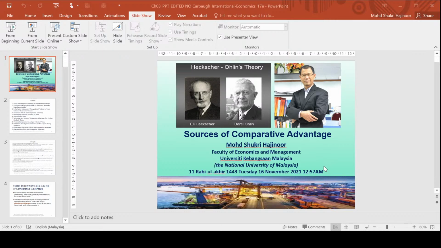Now the trade triangle for China. China produces 13 textile but consumes only 7, so 6 is export going to the US.